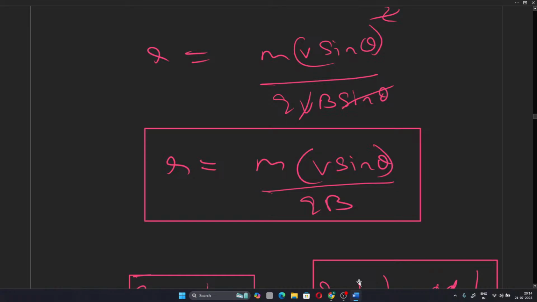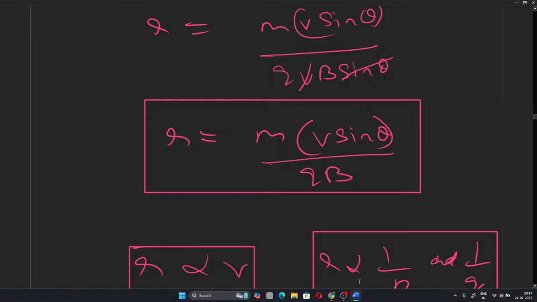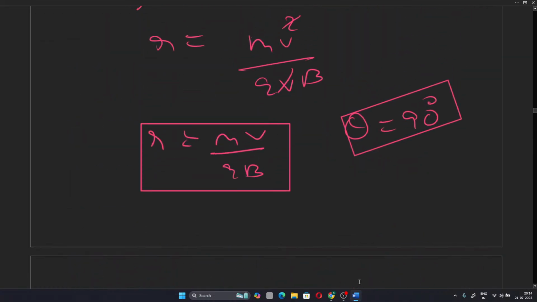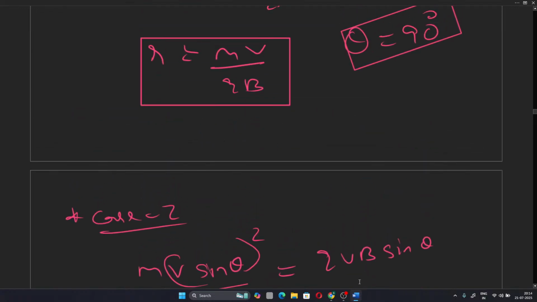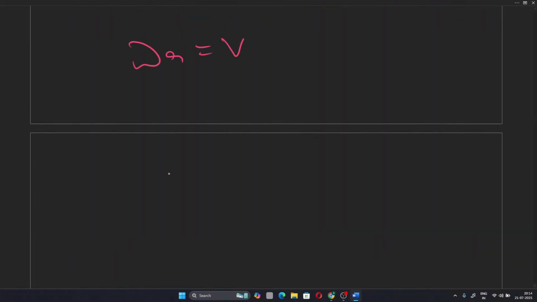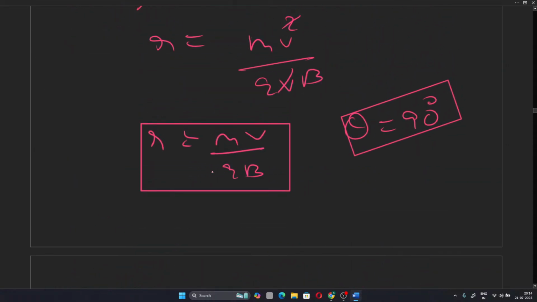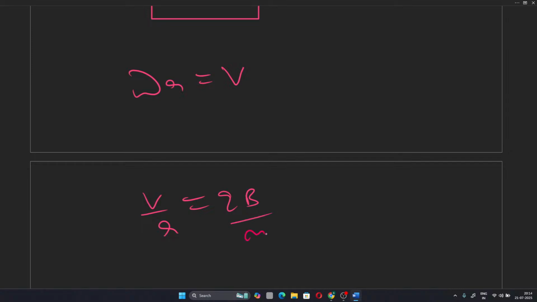So from the above equation, we get velocity by r equals qB by m, and velocity by r equals angular frequency.